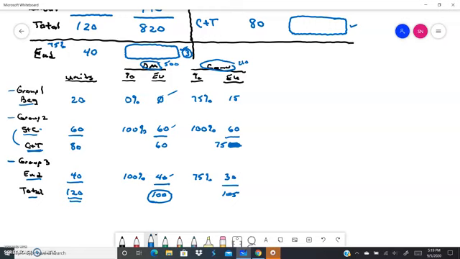An easier way to do that is just to calculate cost per equivalent unit. So we're just going to take direct material costs of $500, divide it by the 100 equivalent units. So every time we see an equivalent unit, it's going to get $5 of direct material.